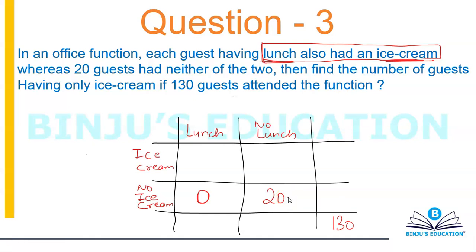Then find the number of guests having only ice cream. So I want only ice cream, that is I want this value. If 130 guests attended the function.